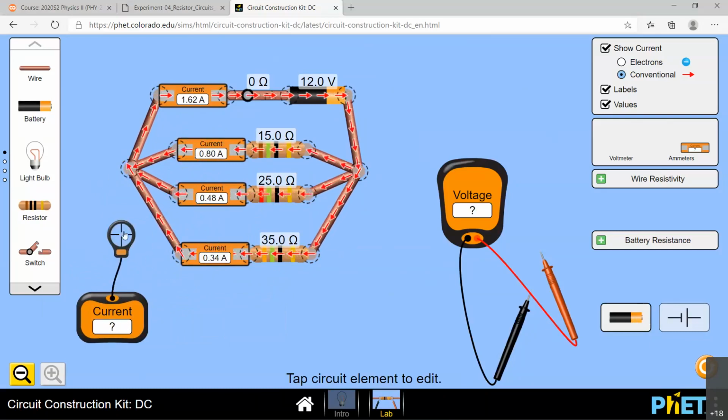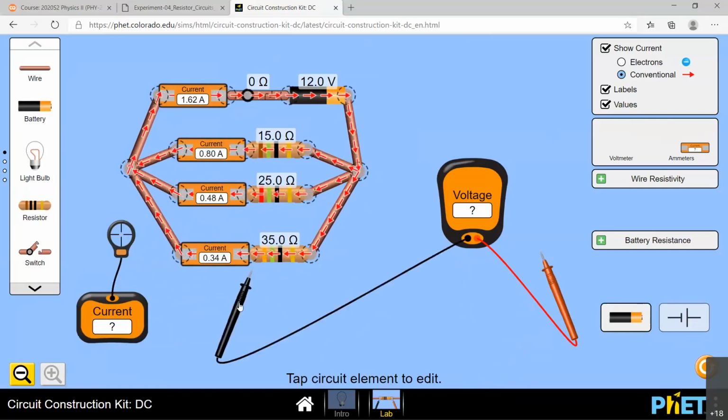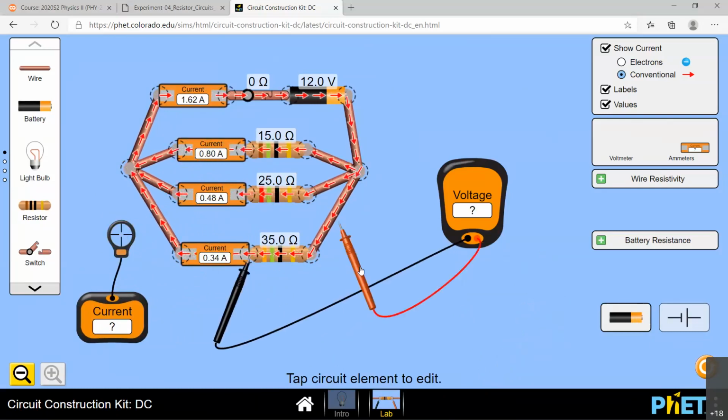So you can measure these any way you like, doesn't matter, okay? And the voltage across each one is going to be the same. It should be 12 volts. All of the resistances are connected to the same battery. Okay, question. And make sure you take a screenshot for each case, okay?